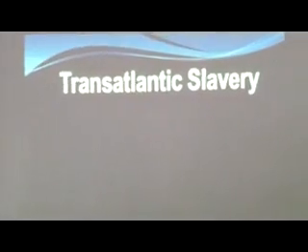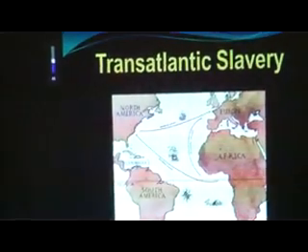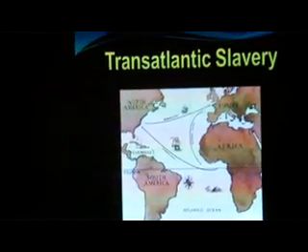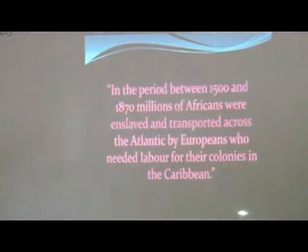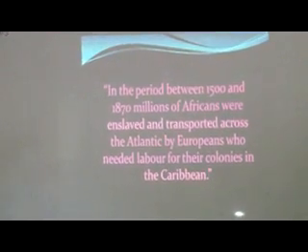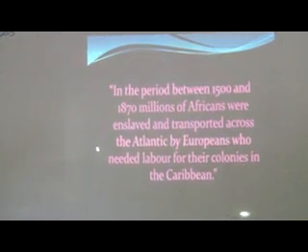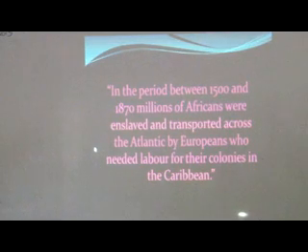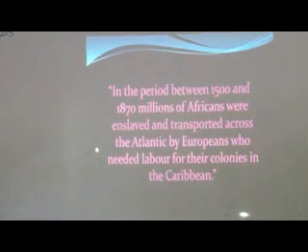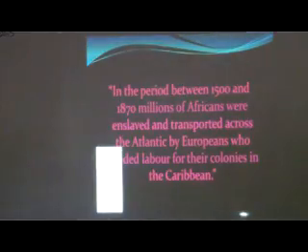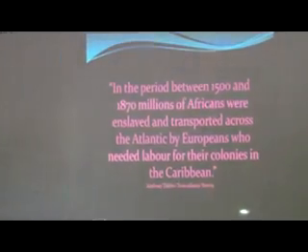The Transatlantic Slave Trade. Africans were transported across the Atlantic by Europeans who needed labor for their colonies in the Caribbean.